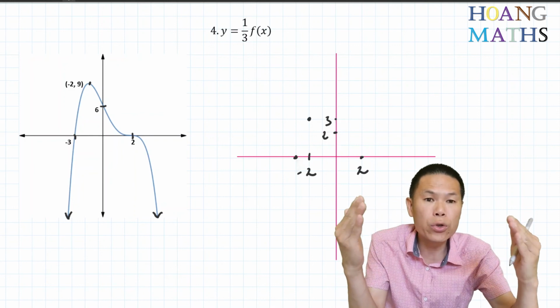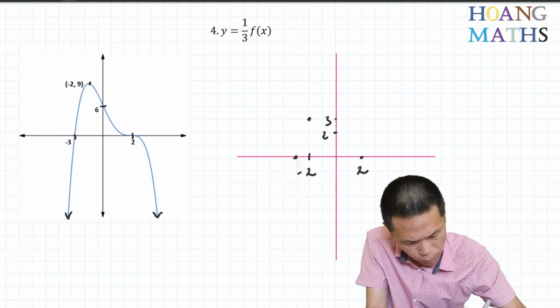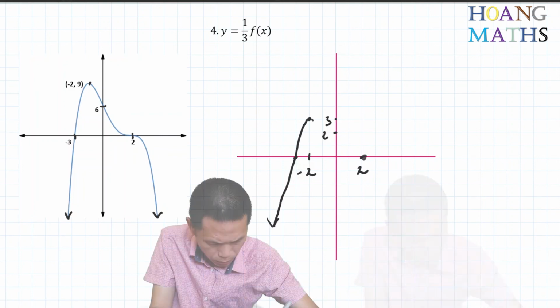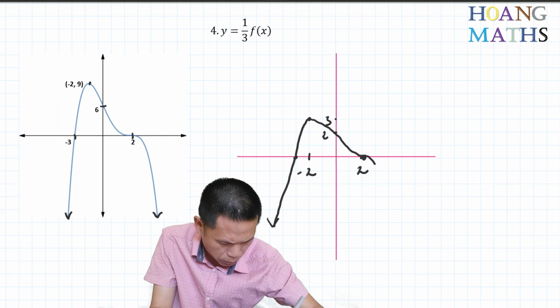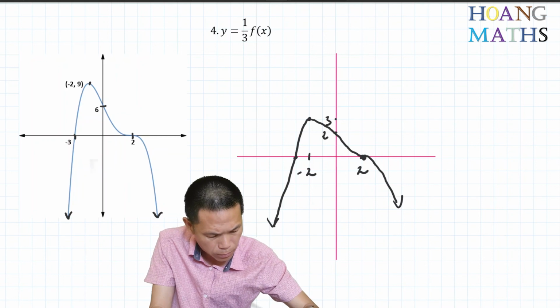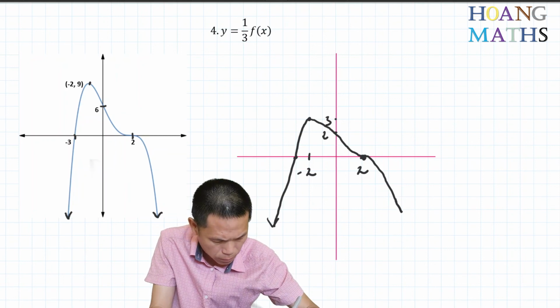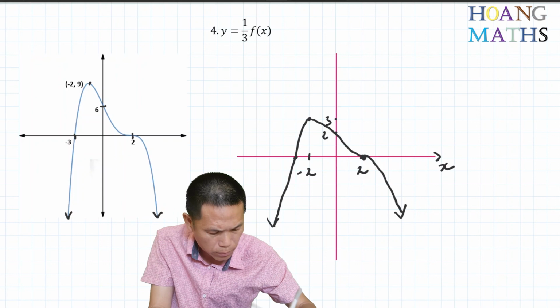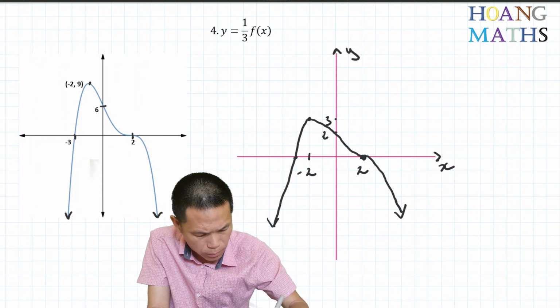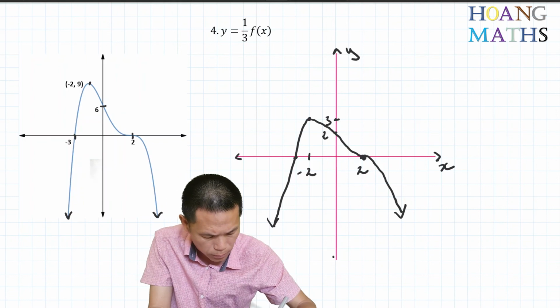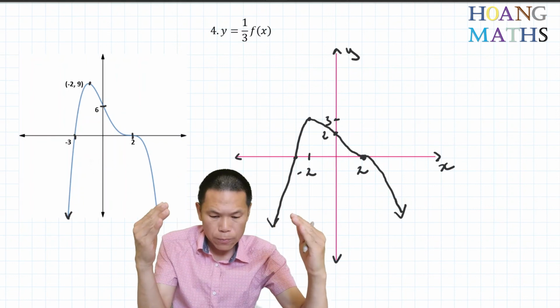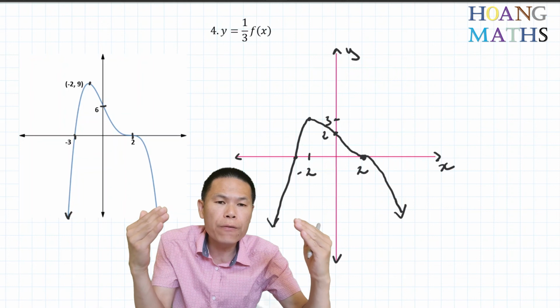So now we just join these points together. There you go. So this is 1/3 of f of x.